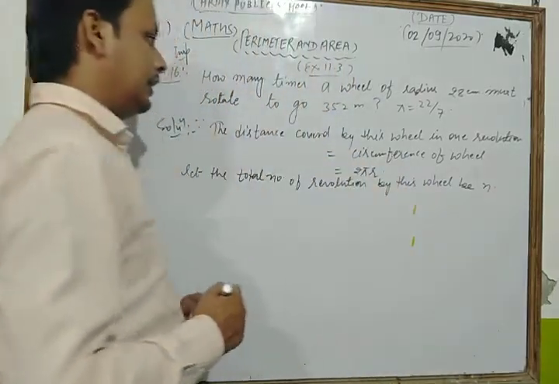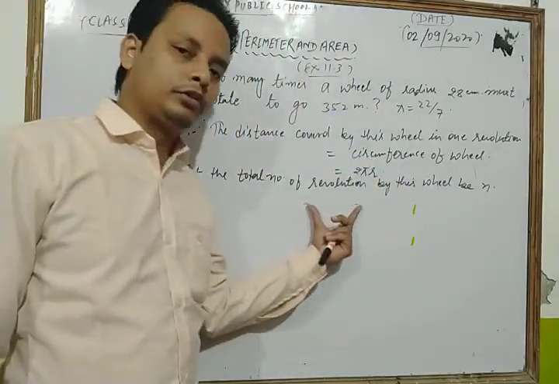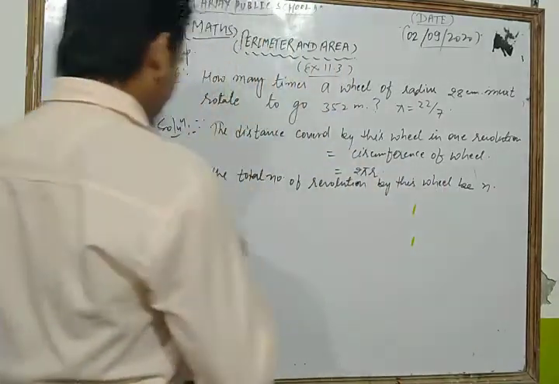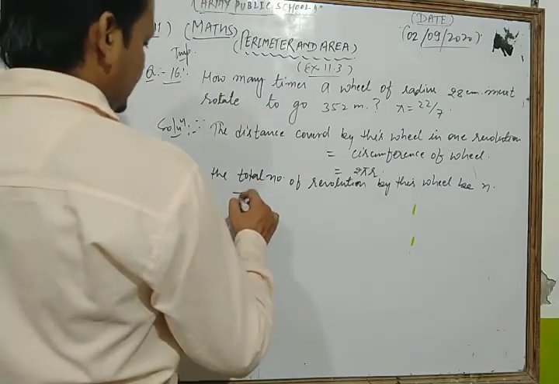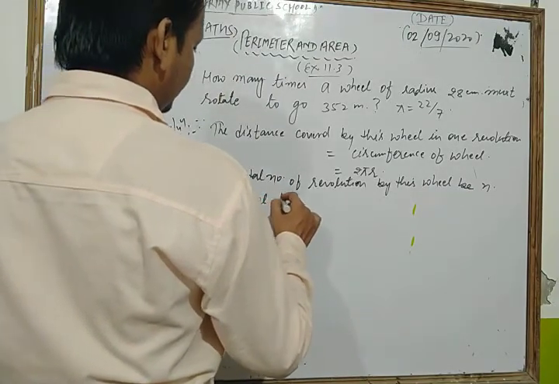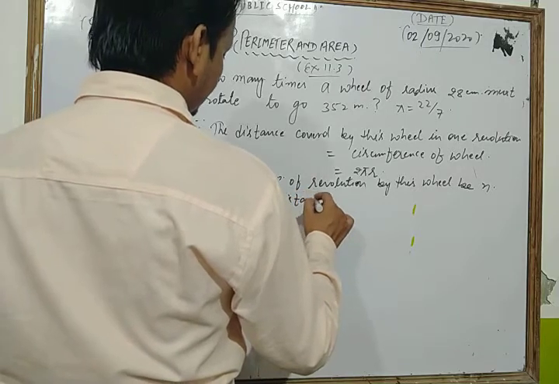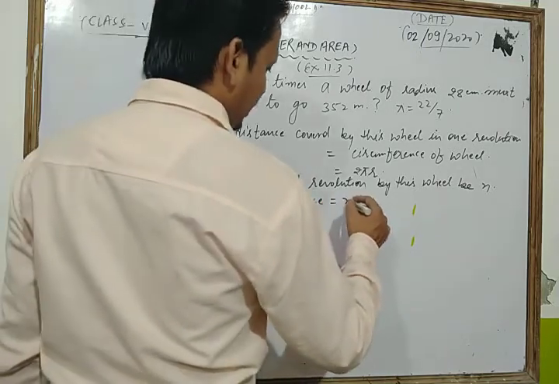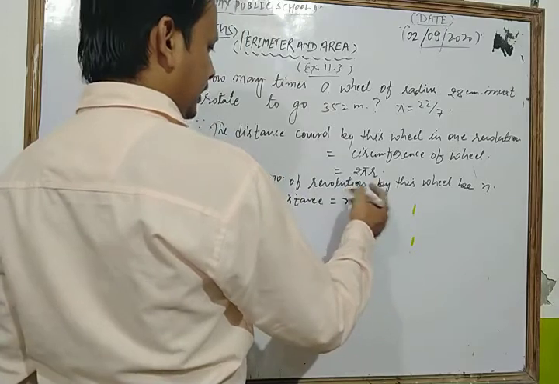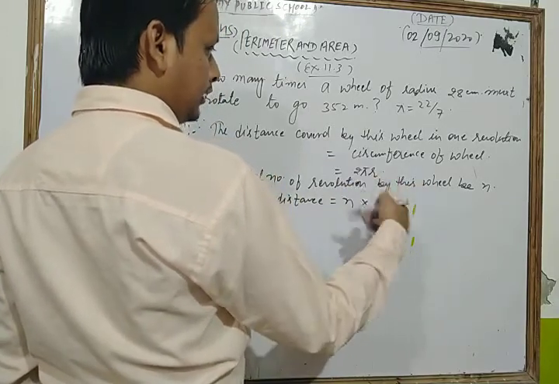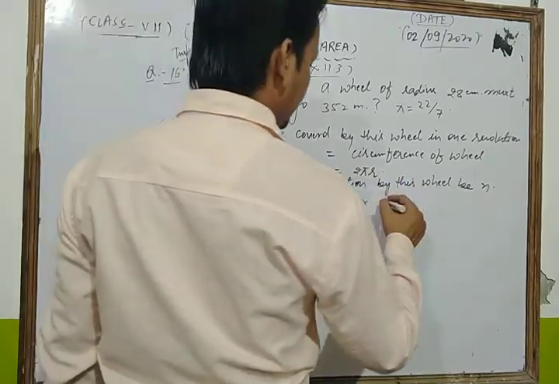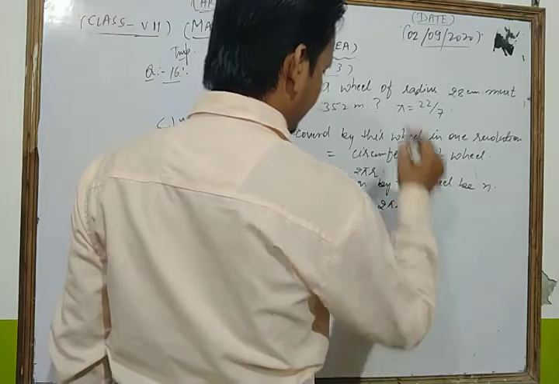Then the total distance is equal to the number of revolutions into the distance covered in one revolution, that is the circumference of the wheel, 2 pi r.